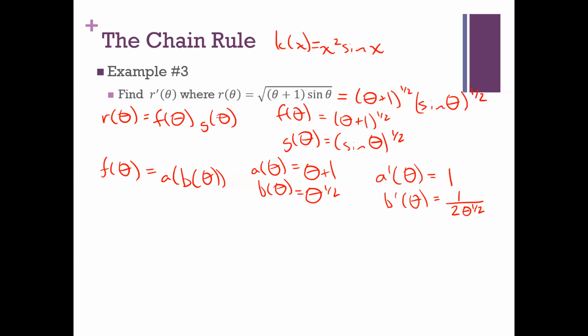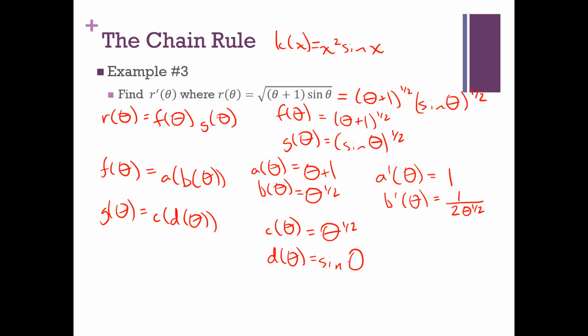All right, so can I do something similar with g? Can I handle that function g with the chain rule? So let's say g of theta is equal to c of d of theta. What's that outside function again? So what is c of theta? The power of 1/2 or is it sine theta?